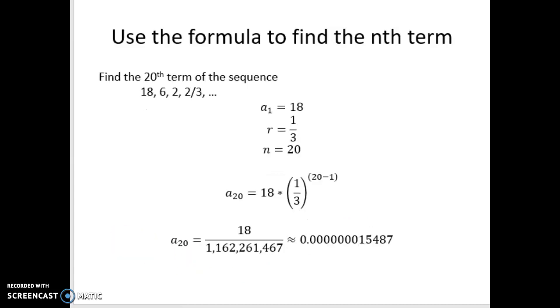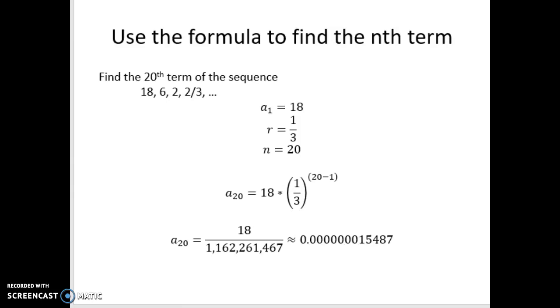And for our last example, we're finding the 20th term of the sequence 18, 6, 2, 2/3, and so forth. So we should verify that this is geometric by seeing if we are multiplying by the same number to go from one term to the next. You see here that the terms are decreasing, so you might think of this at first as dividing.